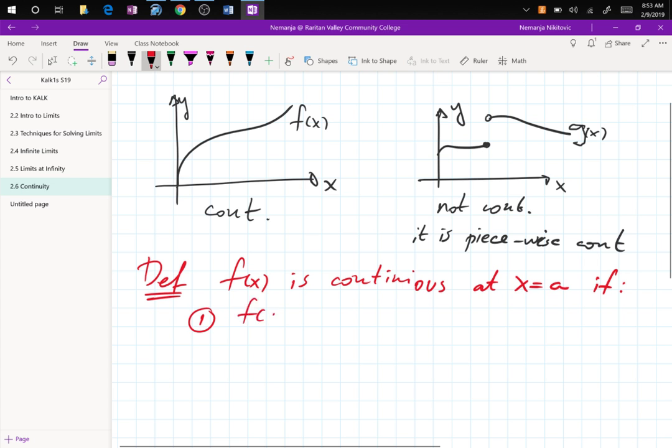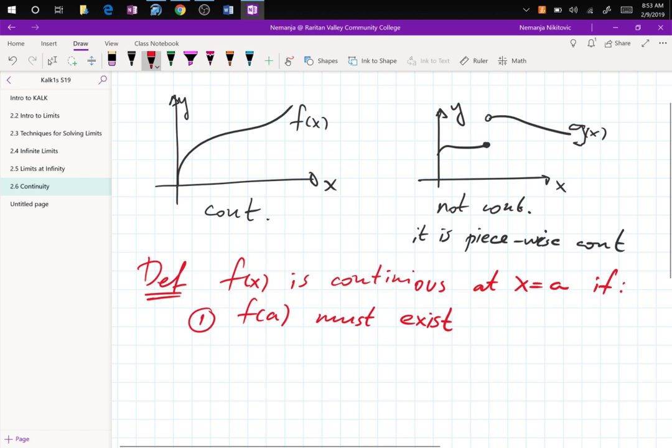The first one is that f of a must exist. So this is technically your y value. You can't have an open circle, right? If you have an open circle at some x, that means there's no y value there. So f of a must exist.